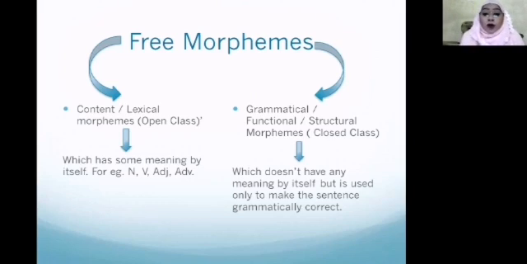Clear? Now, why do we call lexical morpheme open class and grammatical morpheme closed class? If you see any noun, verb, adjective, and adverb, you will notice that, suppose a noun, if I take pen, we have the option to add a suffix in order to make the plural. We can say pens, right? If we take a verb like help, we can use it in continuous form by adding ing, helping.